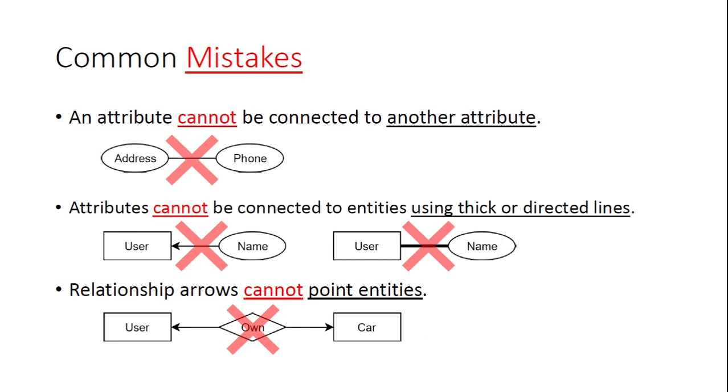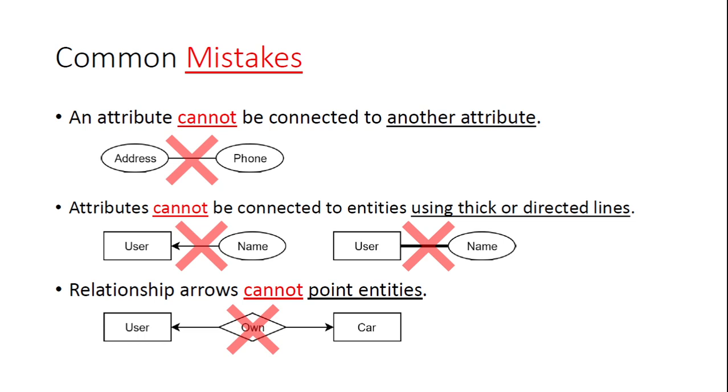For now, let's just look at some common mistakes, because when we say, okay, let's draw the ER diagram, we have seen such mistakes. To avoid them, we are not connecting attributes together. For example, two attributes cannot be connected to each other.